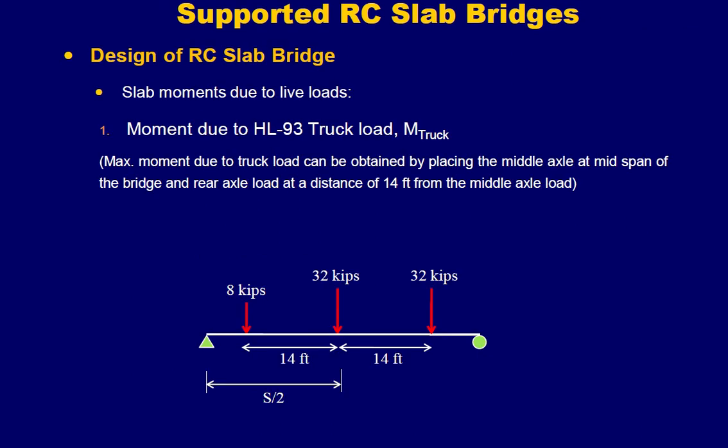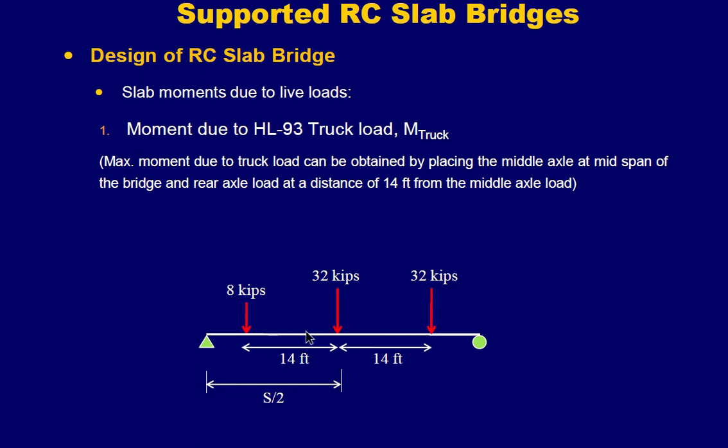Now, discussing the live load moment in some detail, the slab moments due to live load. Moment due to the HL93 truck load, M truck. Maximum moment due to truck load can be obtained by placing the middle axle at the center or mid-span of the bridge, and the rear axle at a distance of 14 feet from the middle axle.